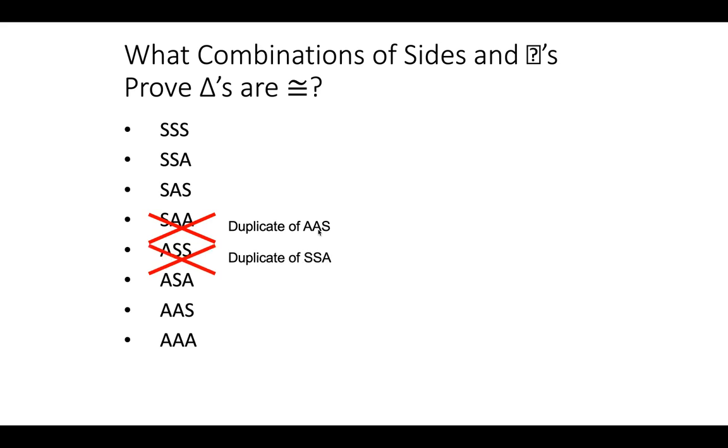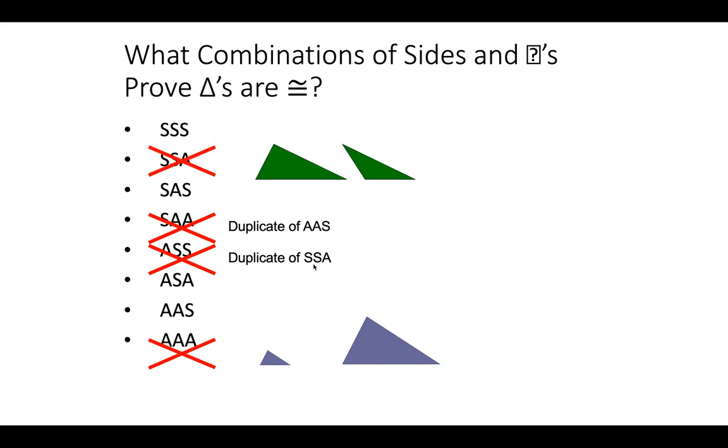And we know that side side angle doesn't work, right? That's the one that I showed that the leg can kind of move back and forth. Angle angle angle also doesn't work because I can have a really small triangle and then I can make it really big and they'll be different sizes. So that does not show congruence. And that's the side side angle that we talked about. Okay, so those are my 4 that I can use.